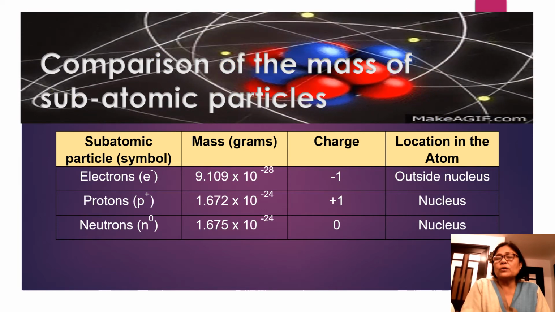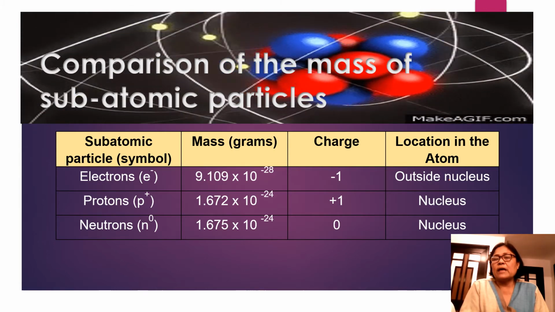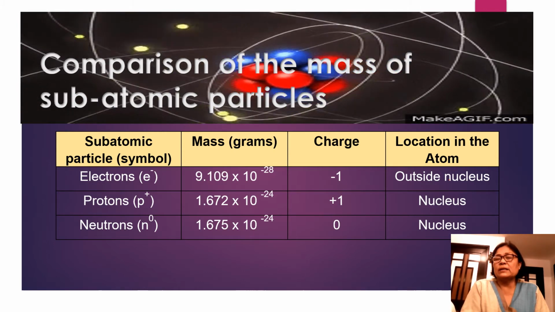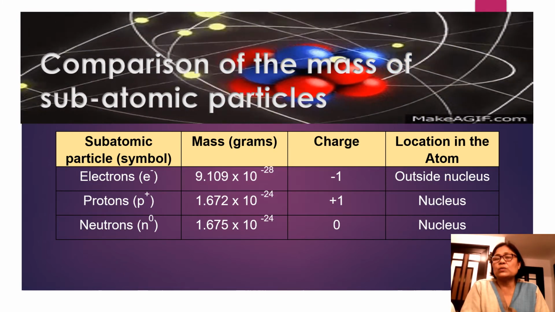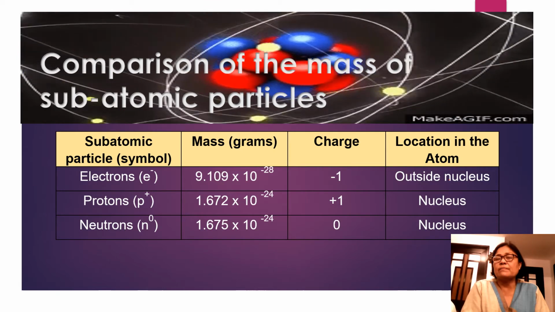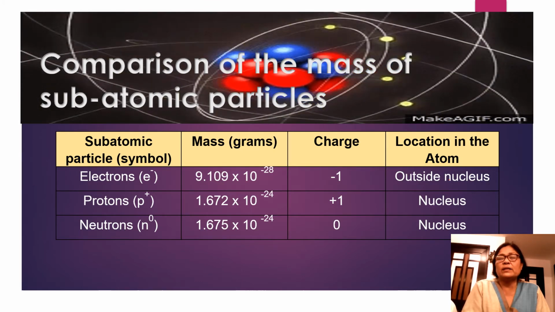The mass of protons is 1.672 times 10 raised to negative 24 and the mass of neutrons is 1.675 times 10 raised to negative 24.